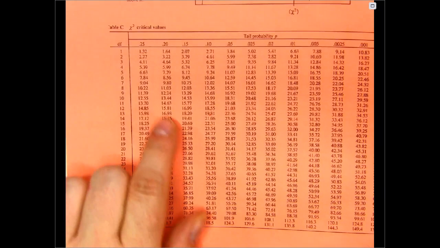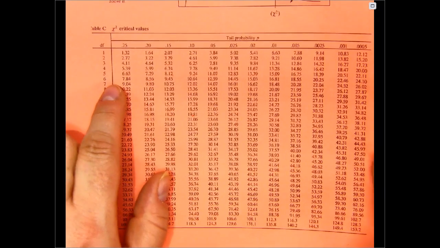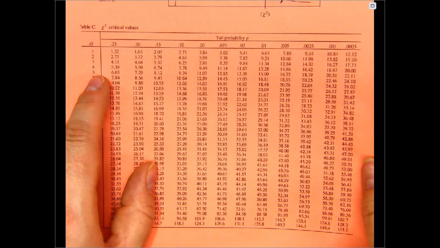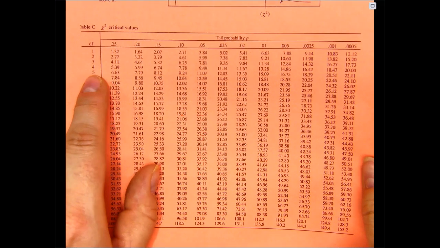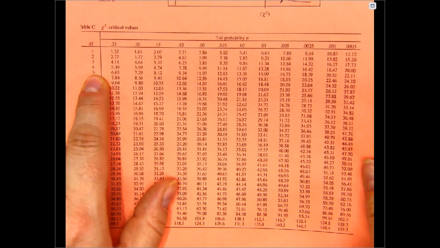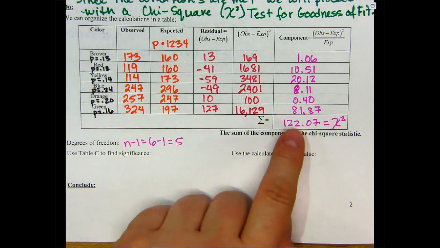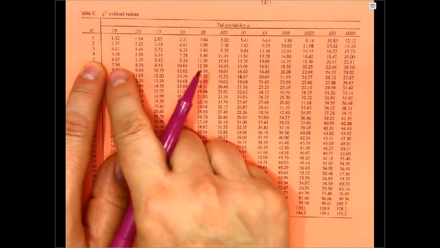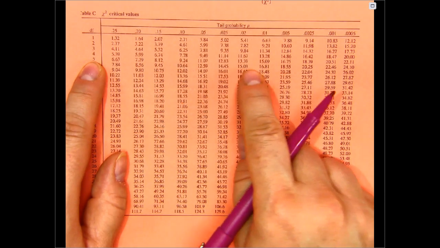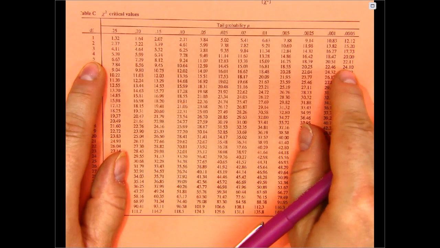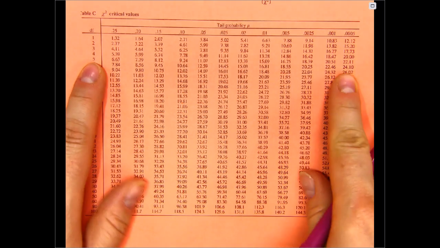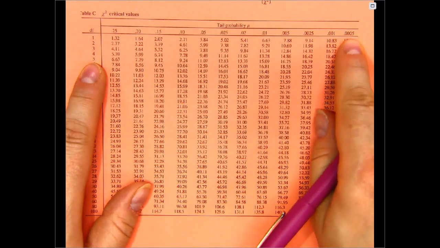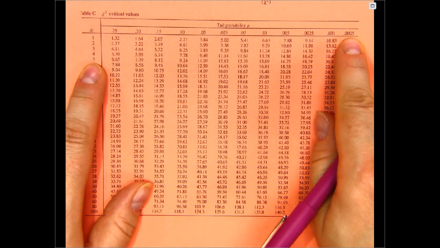So we're going to find the probability that this happened. We've got 5 as our degree of freedom. Our number was 122.07. So with 5, I'm going to go up and try to find 122. It's not on there. If I look up here, this would be my p-value.